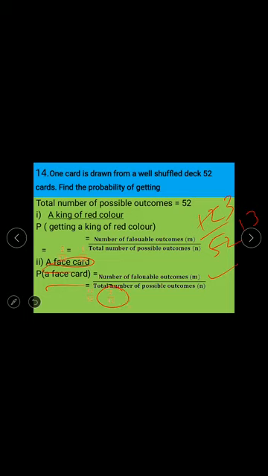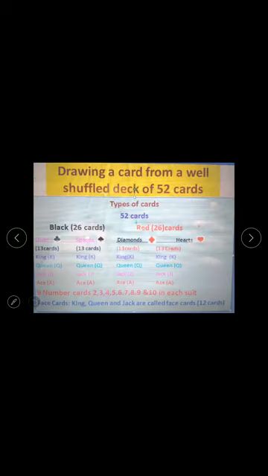Getting there. What is the next one? A red face card. So total how many face cards? 12 are there. Here, what is asking in the next one? A red face card. These are the face cards. Among these, how many red cards are there? These are the red cards. Red face cards, how many are there? The face cards of diamond and heart. Which are they? How many are there? 1, 2, 3, 4, 5, 6.